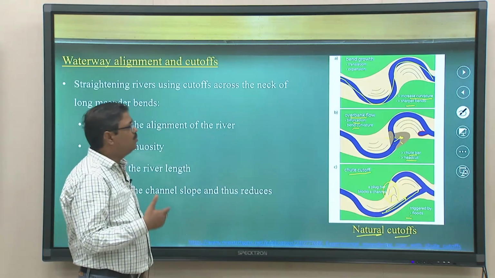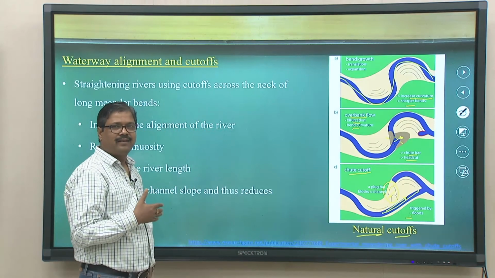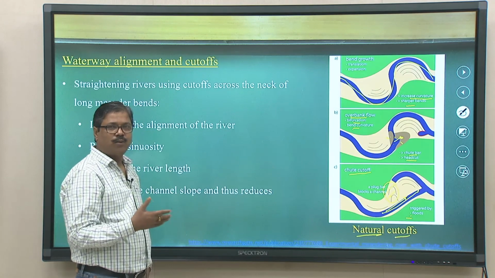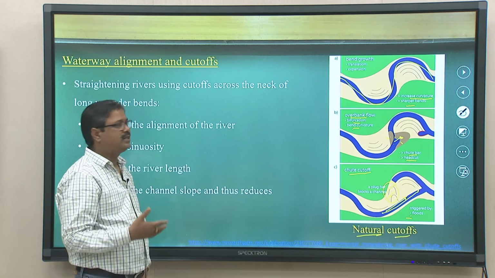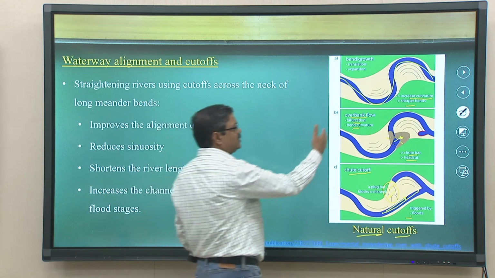Most of the time when you design national waterways, we should understand this process of what happens naturally.